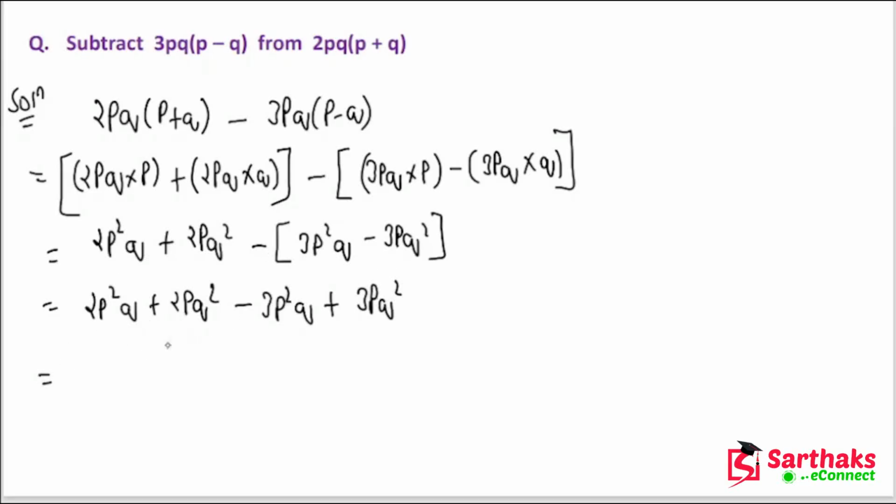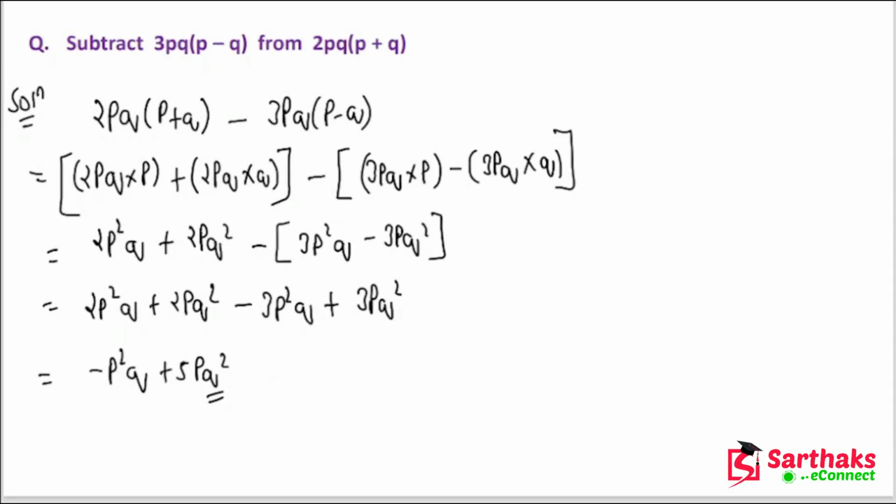Now 2p square q minus 3p square q would be minus p square q, and 2pq square plus 3pq square would be 5pq square. Okay, so it would be the final answer. So you can clearly see it is very easy to calculate them, right? Let us move on to the next question.